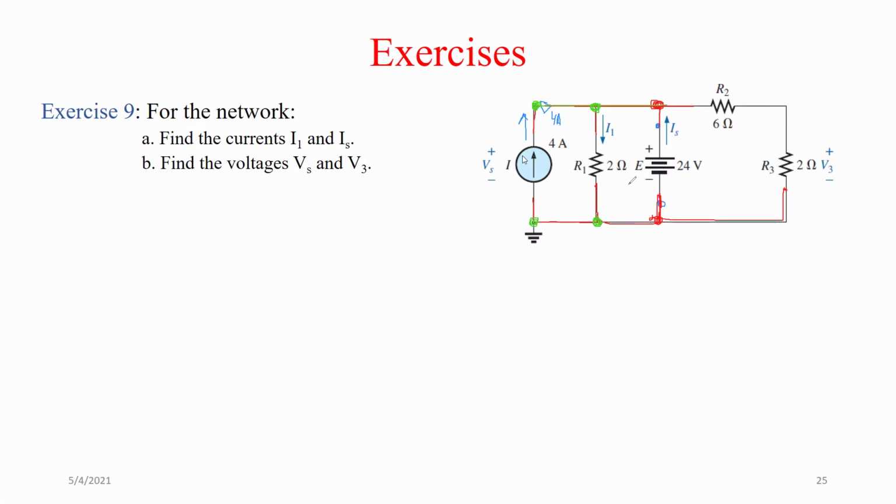So if someone asks what is the voltage across the current source, Vs, you can say it's the same as the voltage across the battery, because they're connected in parallel. The terminal connected here, the other terminal is connected there. So Vs for the current source is equal to the voltage E, 24 volt.